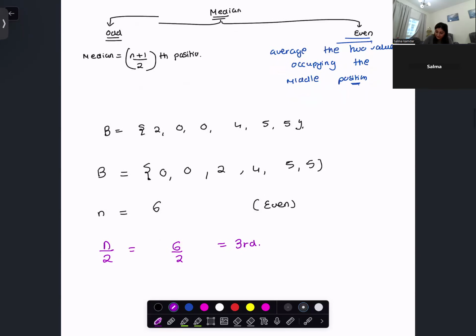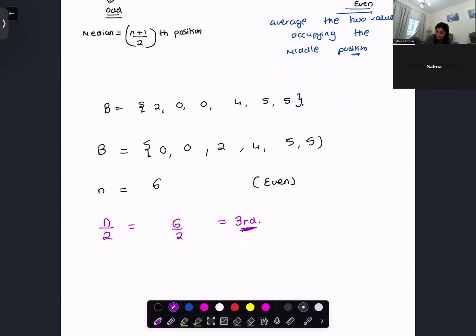So the value of the data in the third position plus the value of the data in the fourth position, divided by 2. So I am going to average the two values occupying the middle position. So first, second, third. The value of this plus the value of this, I need to average it. So you will add it and you will divide it by 2.